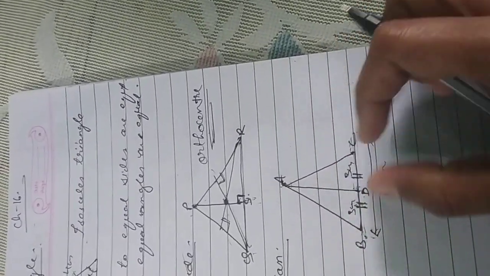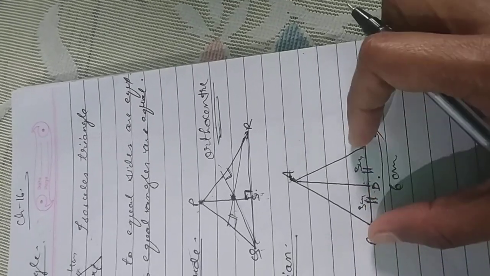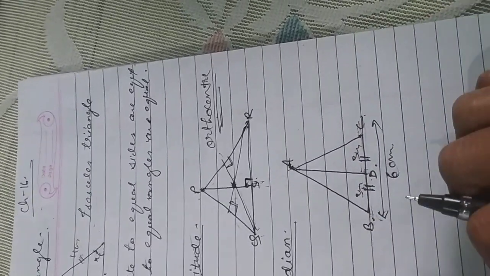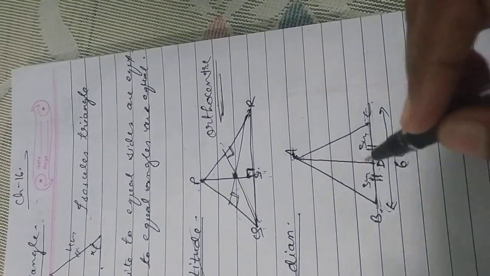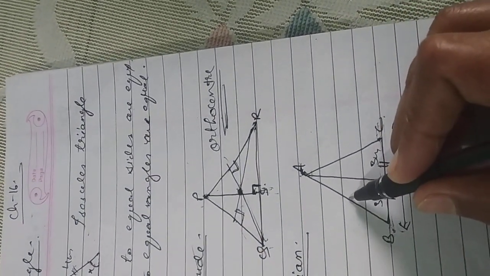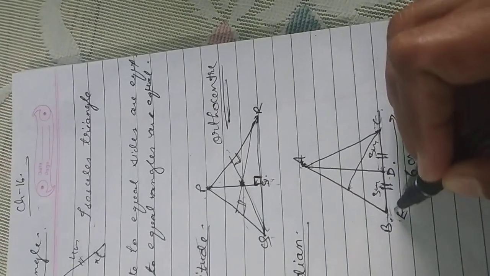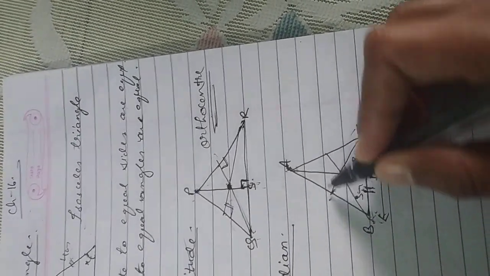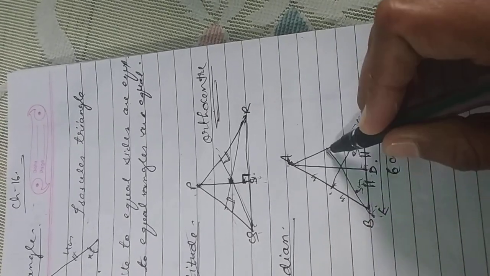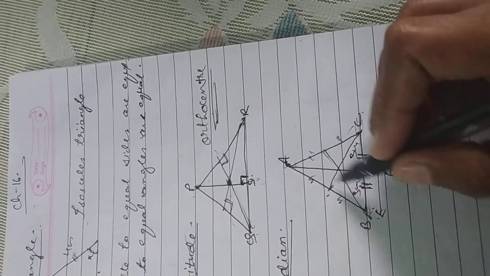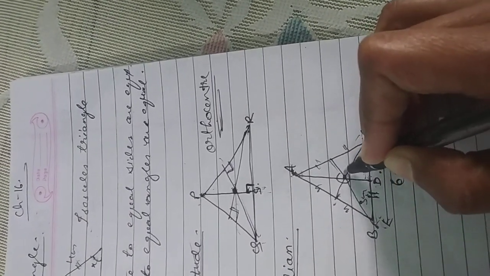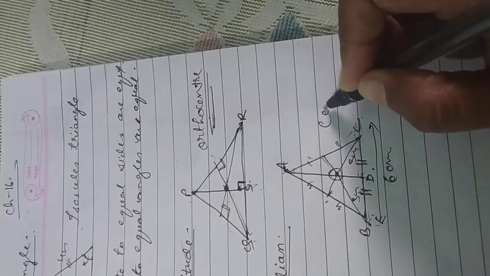This median will divide the opposite side into two equal parts. Got it? And a triangle can have a maximum of 3 medians. Here also, suppose this is also a median, this side will be equal to this side. Maximum 3 medians, and the point of concurrence of the medians is called the centroid.